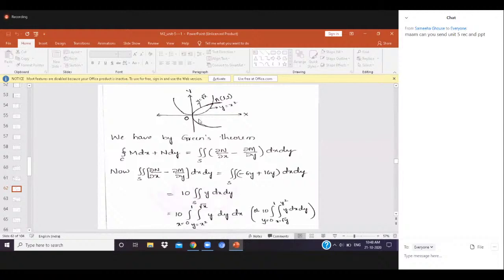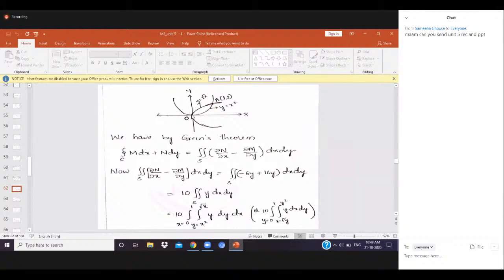First of all, we think about the y limits. The lower curve is y = x², so we take that as the lower limit, and the upper curve is y = √x, so we take that as the upper limit. So y goes from x² to √x.